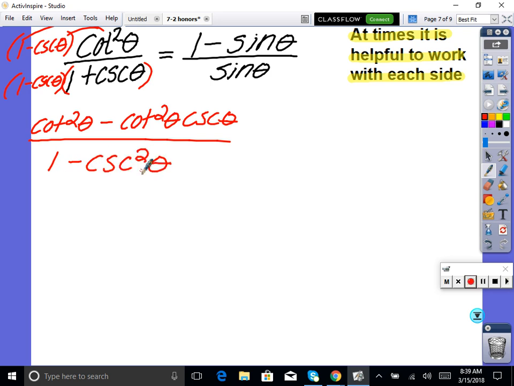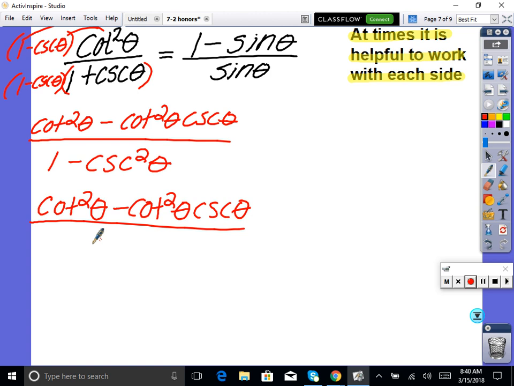Pray that that's an identity, or else that was no use to us. Is that an identity? It is? It's negative cotangent? Okay, thank you. So we have this now. Cotangent squared theta minus cotangent squared theta cosecant theta. And then you said that this was negative cotangent squared.